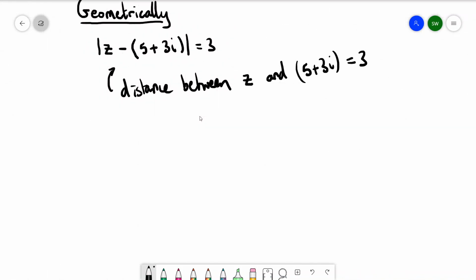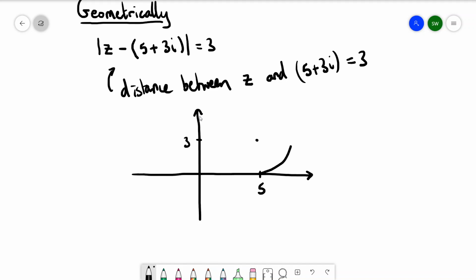So if we think about that in the Argand diagram, let's sketch this point 5 plus 3i over here, and we want to sketch the locus of points that are a distance of 3 away from this point. So it's going to touch the real axis, and it's going to have a radius of 3.